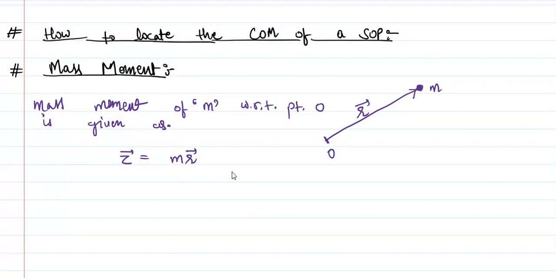It is the mass of the particle multiplied by the distance from a reference point, say distance or position vector. r is the position vector.